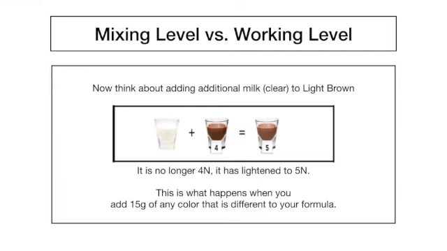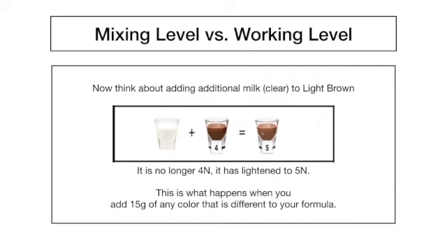But what happens if I add milk to light brown, right? So now I have milk, I have a cup that has light brown coffee in it, and I add the milk to it, and it becomes even lighter. So now it went from a 4 to a 5.